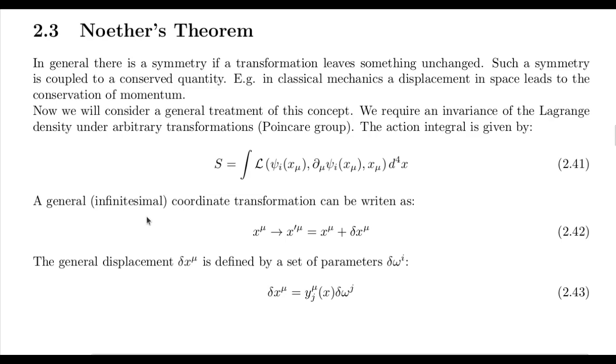The general infinitesimal coordinate transformation can be written as here, 242. The old coordinate goes over into the new one, x prime. And we have the old coordinate plus the displacement of any kind.